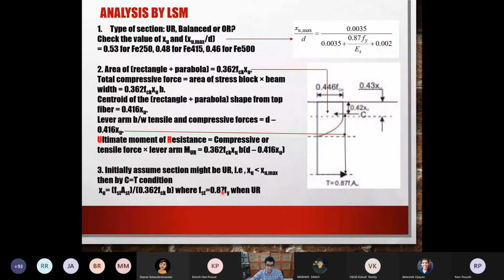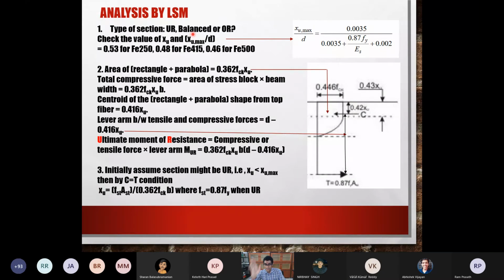Then use the equilibrium condition, compression equals tension, and XU is given by 0.87 Fy AST divided by 0.362 FCK B. You find this XU and compare it with XU max.